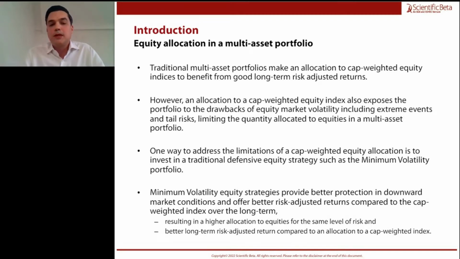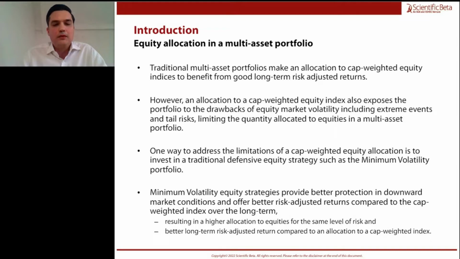What this means in practice is that in an asset allocation exercise, investors cannot put an unlimited amount, or let's say a 100% allocation, to equity, but they have to manage the quantity that they can allocate to the equity part in order to manage these important downside and extreme risks.